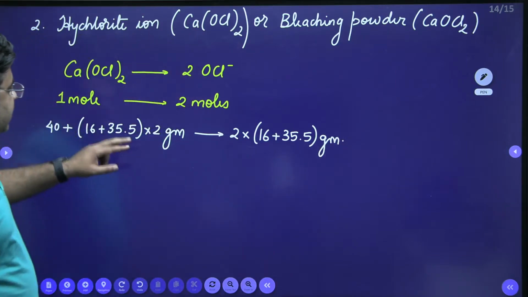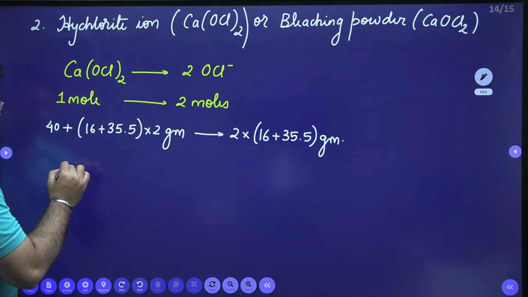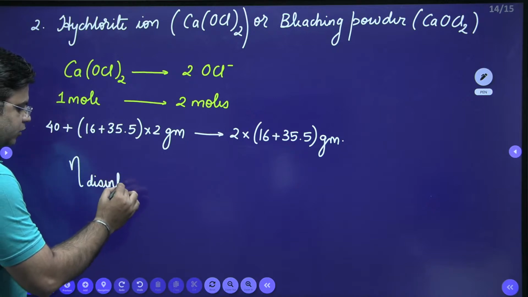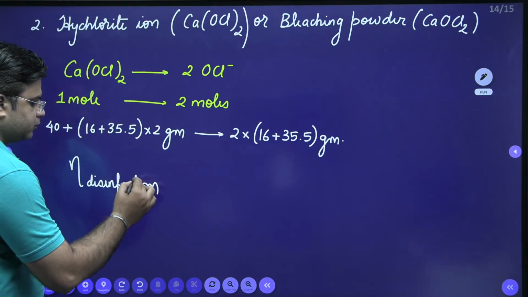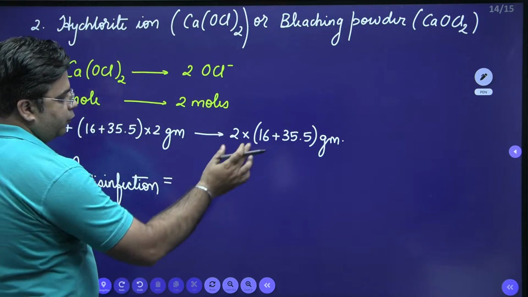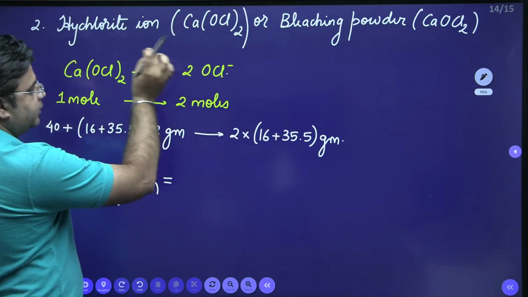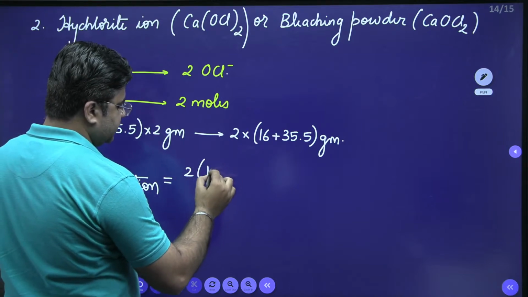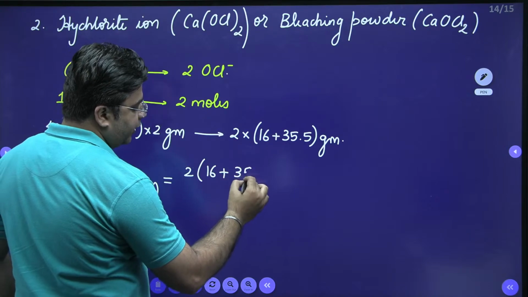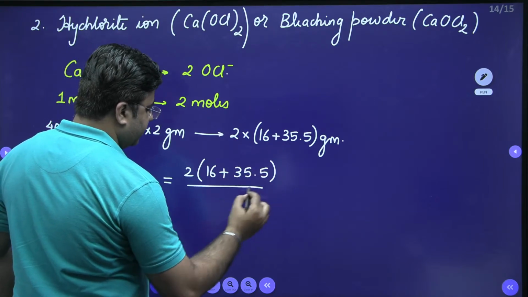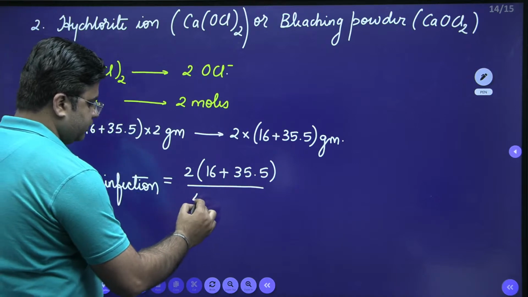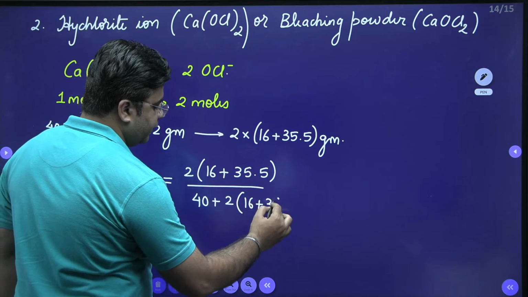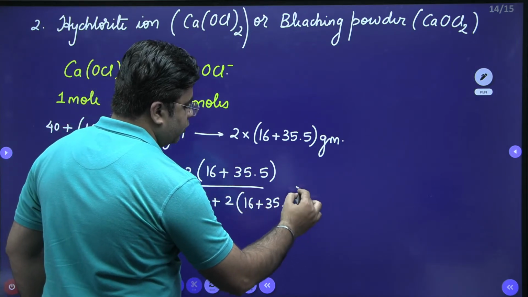Now for calculating the disinfection efficiency for CaOCl2, the efficiency of disinfection is equal to the weight of OCl minus ion present in CaOCl2, so this is 2 times of 16 plus 35.5, divided by 40 plus 2 times of 16 plus 35.5, into 100.